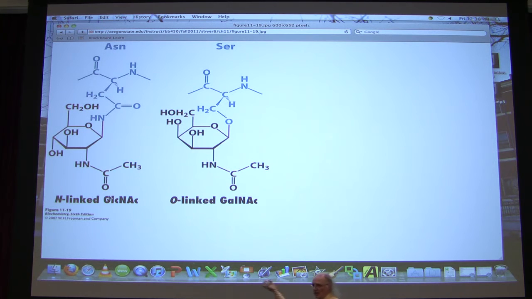Now this license plate, if you want to think about it, of carbohydrate residues that are there on a protein. Proteins have little identity markers on them in the form of carbohydrates that tell the cell where this protein is supposed to go. Is this protein destined to go outside the cell?